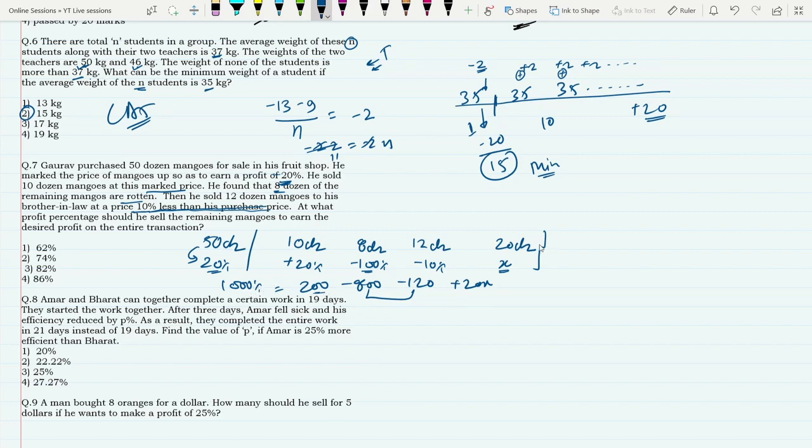Cross across the equal sign. That is 1720 is equal to 20x. 0, 0 cancel. This gives 86. So the remaining mangoes must be sold at 86% profit to overall achieve the profit target.